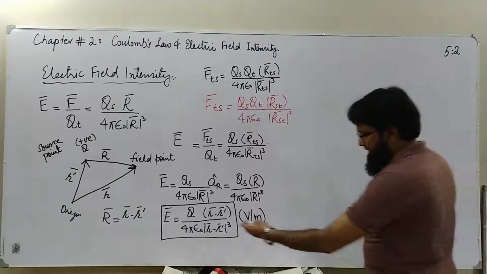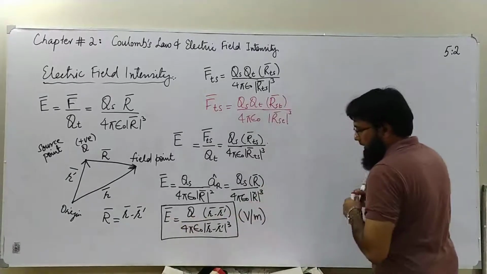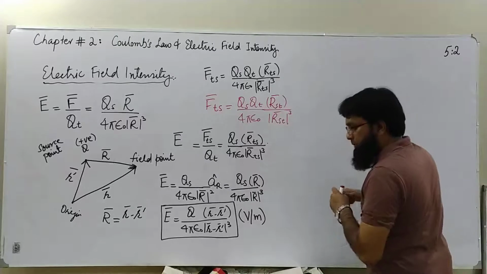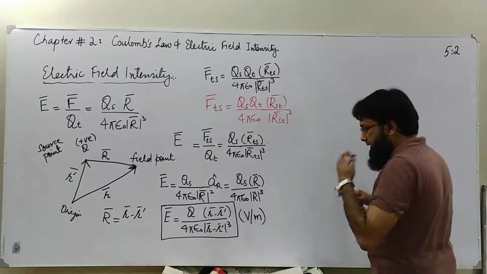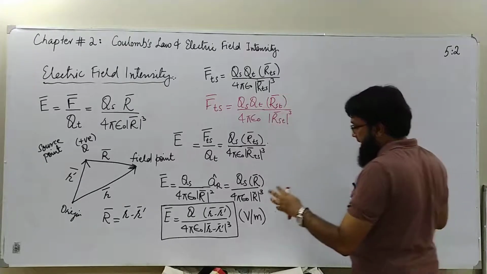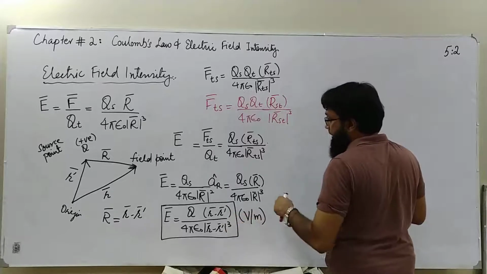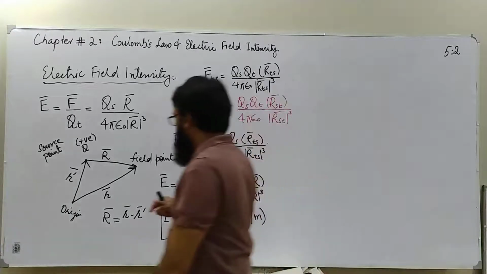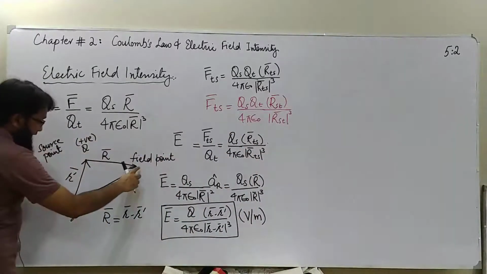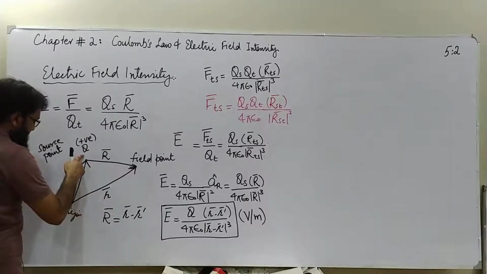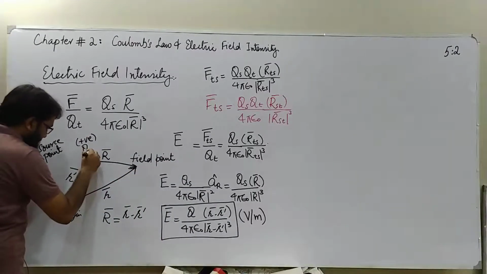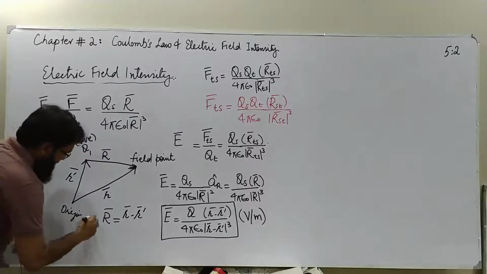Since this is nothing but Coulomb's law, as I just said, superposition can be applied to it. So what I can do here, instead of finding the field at this point due to this charge Q1, now I have got two charges.